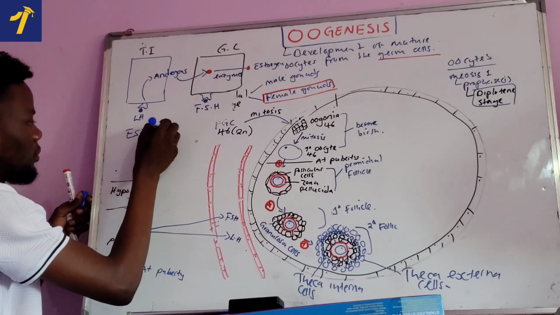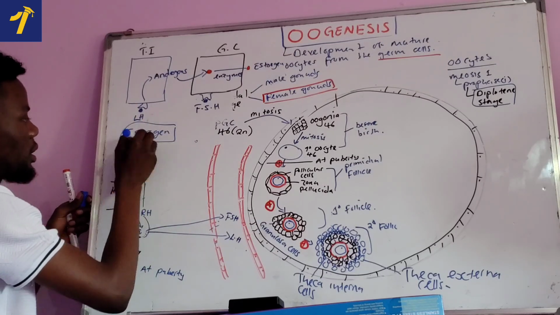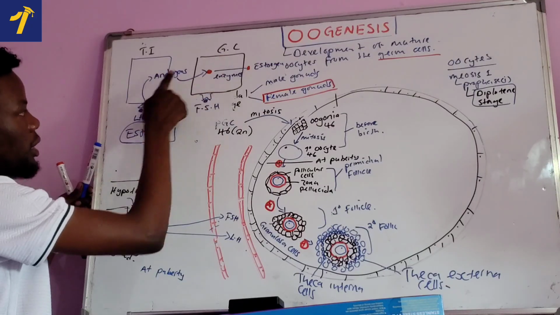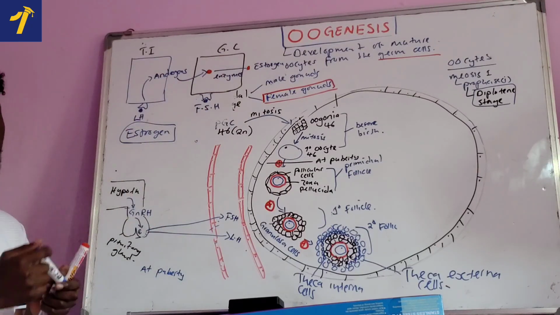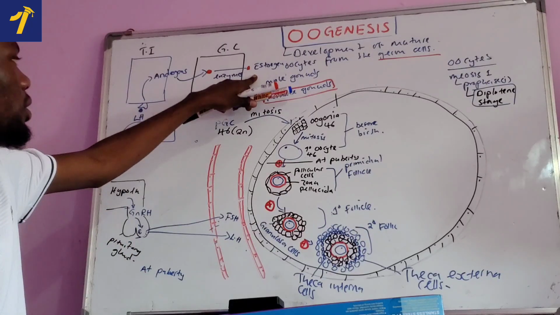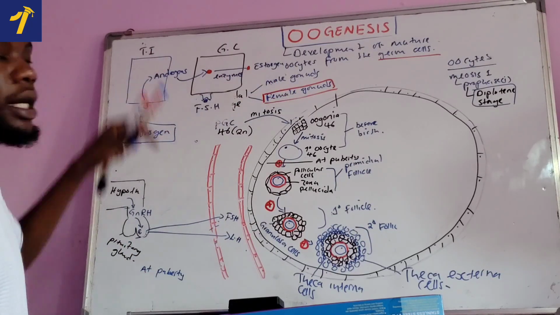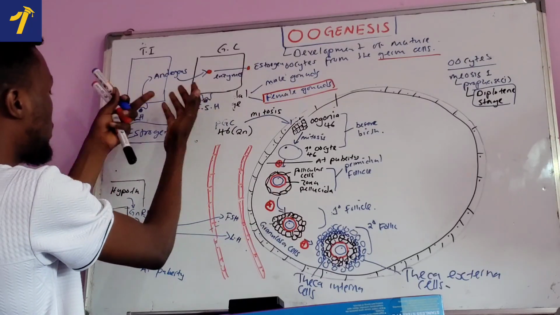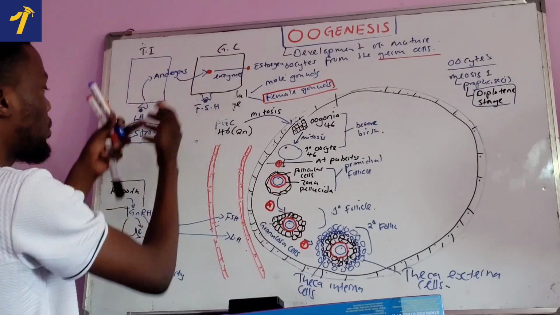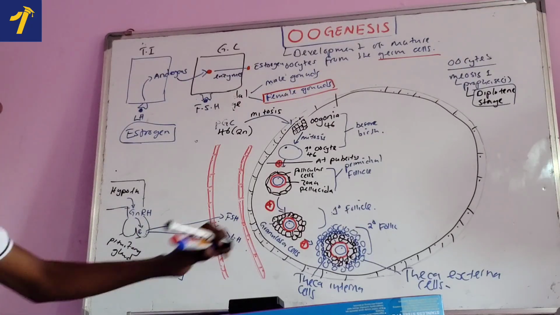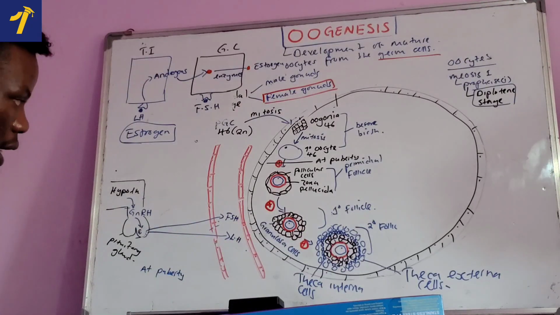Estrogen. You need to take note of that. So estrogen is produced by the granulosa cells, androgens are produced by the theca interna cells. But estrogen cannot be produced if the theca interna cells are not working. They are exchanging things here, communicating with one another. So this is what happens at this stage. Okay, now we can continue.